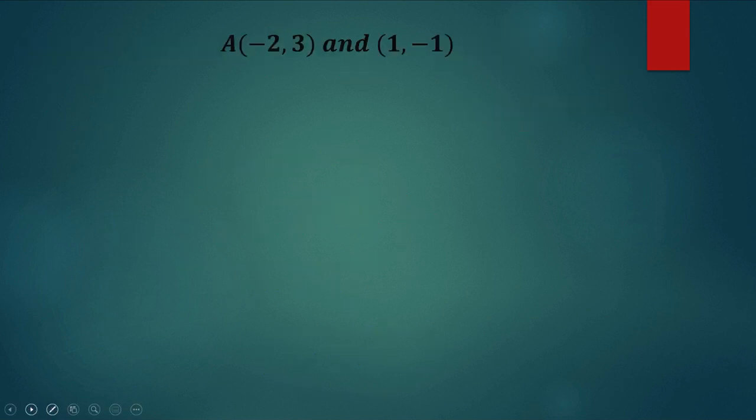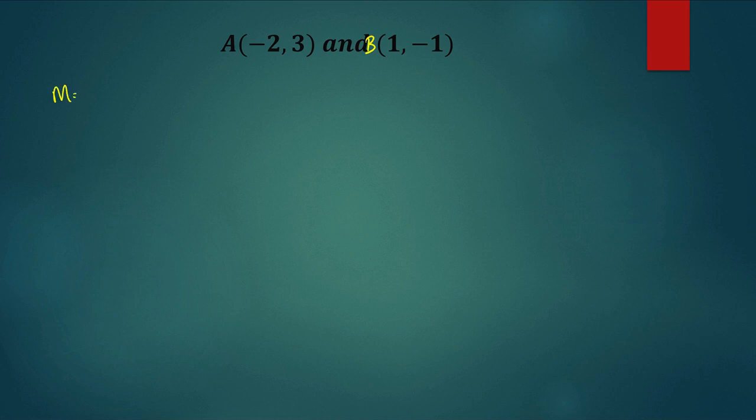Almost there. All right. So here we have 2 points, and we'll call this point B. I want you to write the equation of the line going through these points. So the first thing is we're going to have to find the slope.